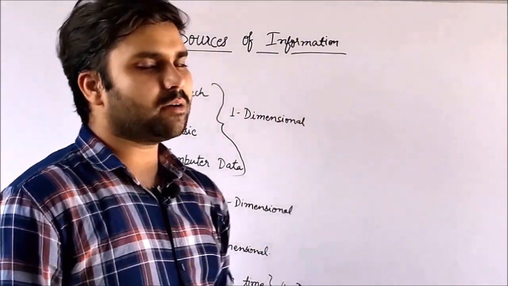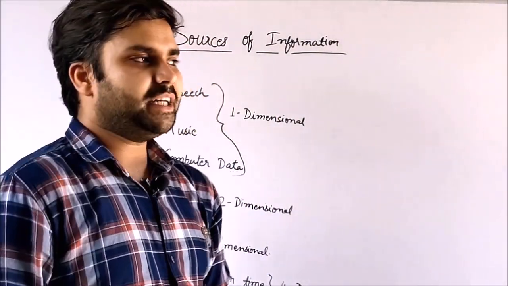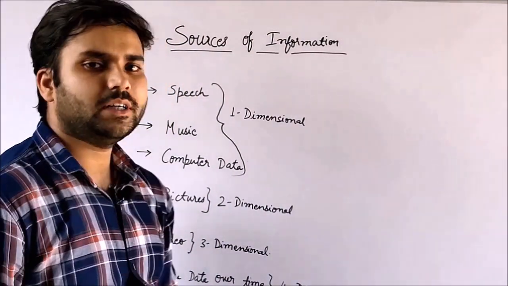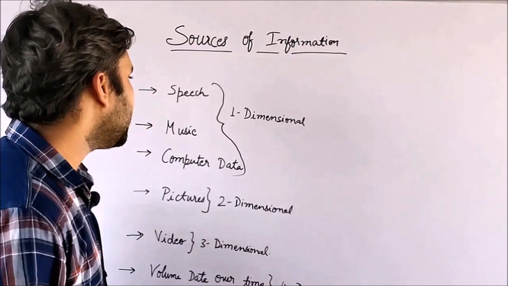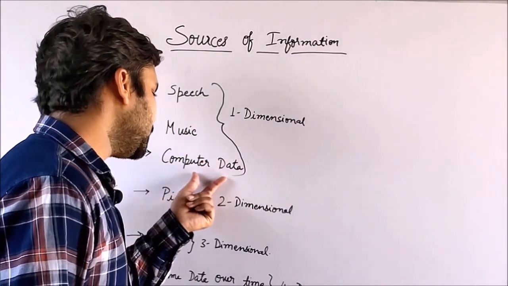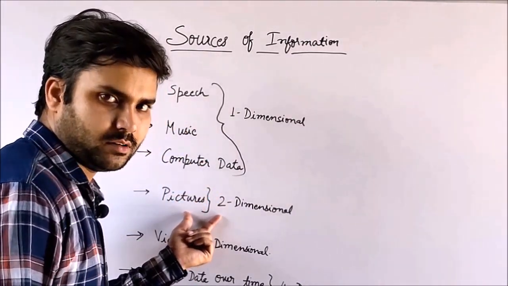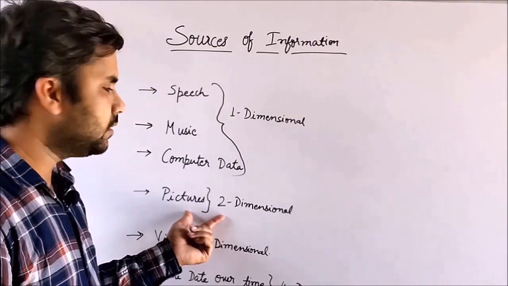So basically the communication system is dominated by four types of sources of information. What are those? These are speech, music, computer data, and picture.